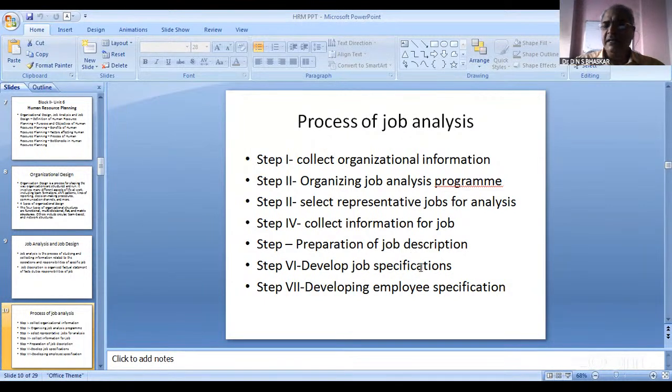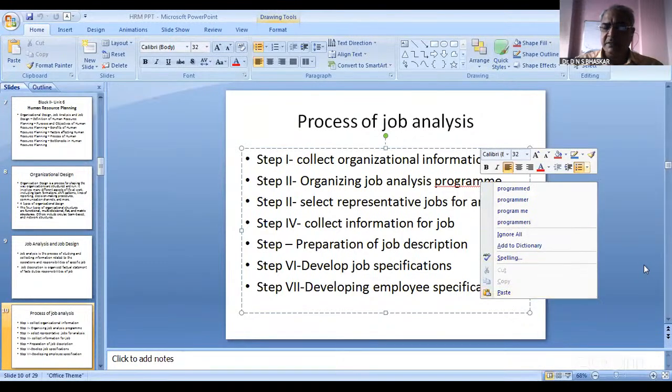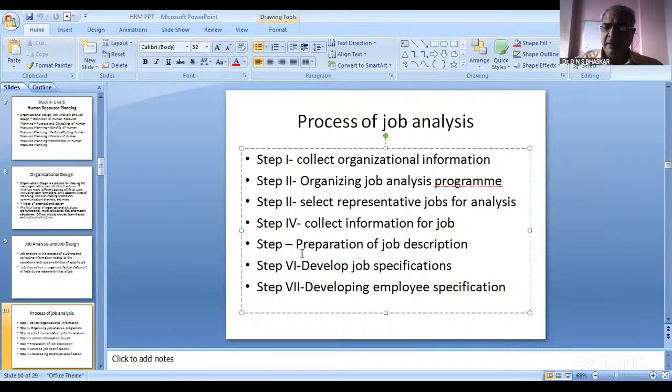Step one, collect organizational information. Before carrying out the job analysis, you must first understand what the organization is and what type of organization it is. Whether it is a trading organization or a service sector organization, or what type of organization structure it is having, and so on and so forth. Then organizing the job analysis program.